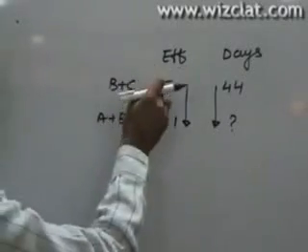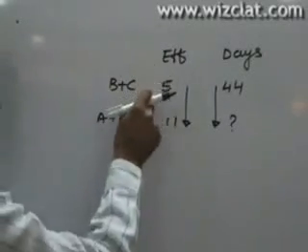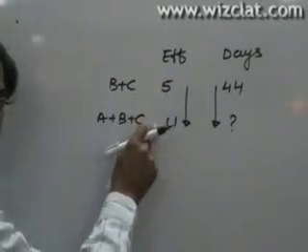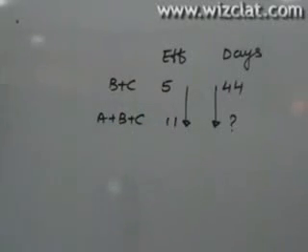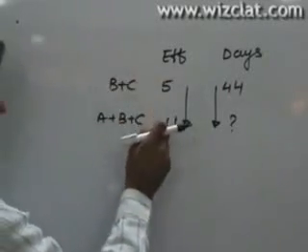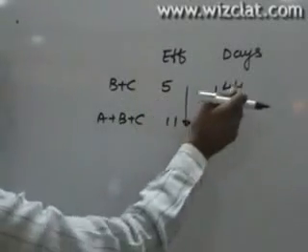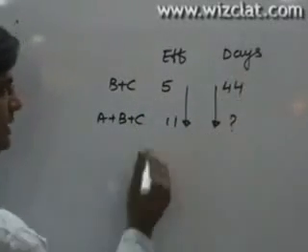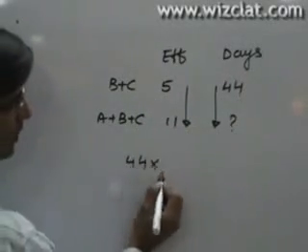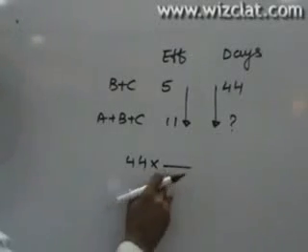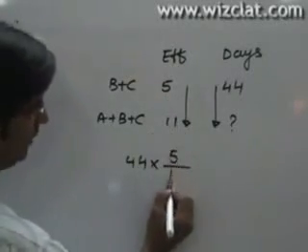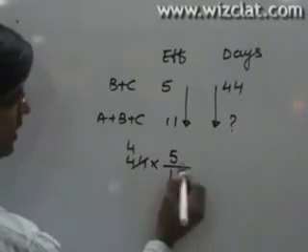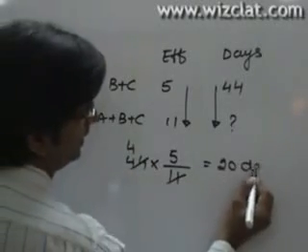So when I go from here to here, what I find is that the efficiency of the person has increased. So we know a more efficient person will require fewer days. So friends, when we come from here to here, efficiency has increased. Therefore, days are bound to decrease. So to decrease this value, the numerator has to be smaller, and the smaller between these two numbers is 5. My answer will be straight away 20 days.